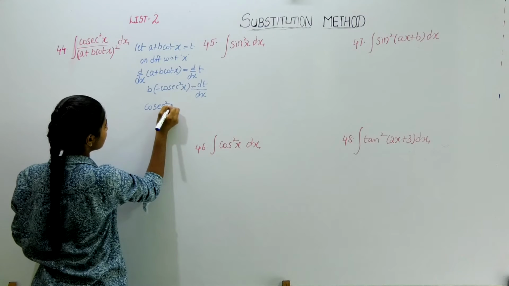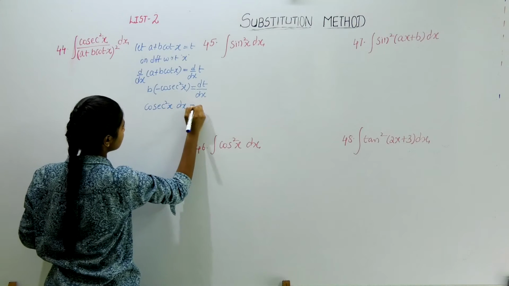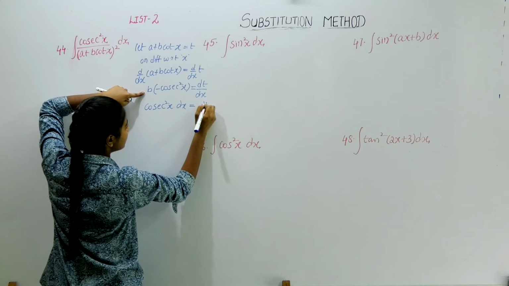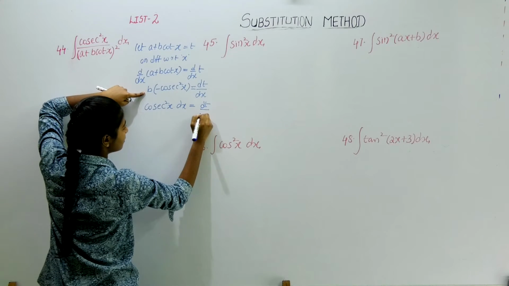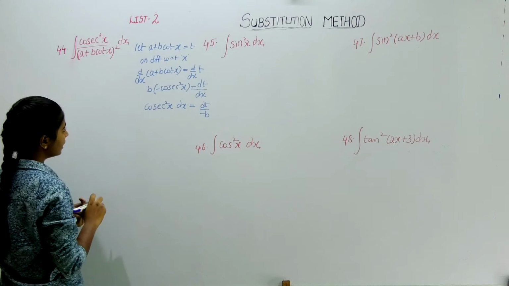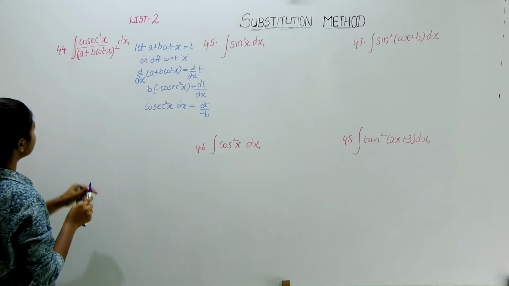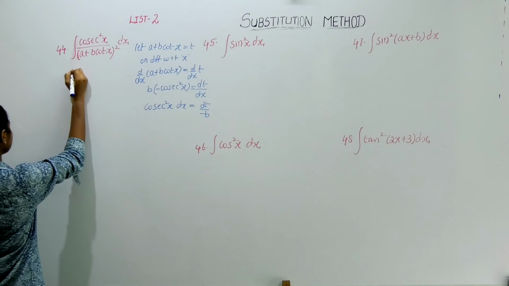Therefore cosecant square x into dx is equal to dt by minus b.